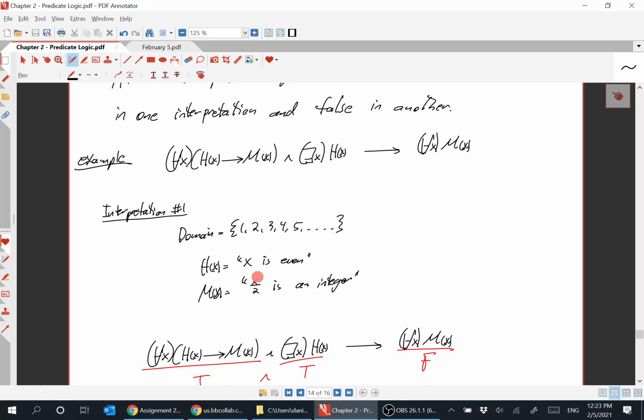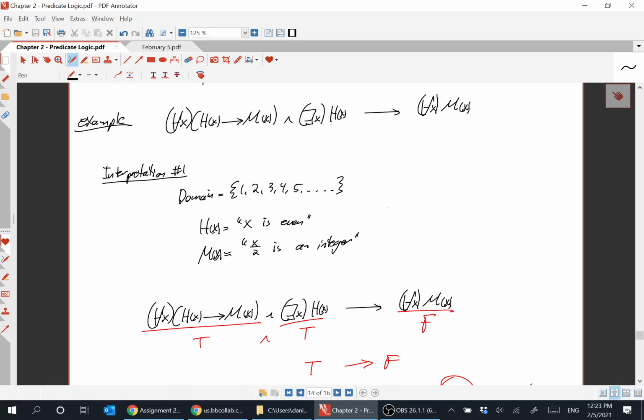Now, you'll notice that these are actually equivalent. Hx is true if and only if Mx is true. Whatever, that is an interpretation. Not every interpretation has Hx logically equivalent to Mx, but in this interpretation it is. And when you take that interpretation, for every x, Hx implies Mx.